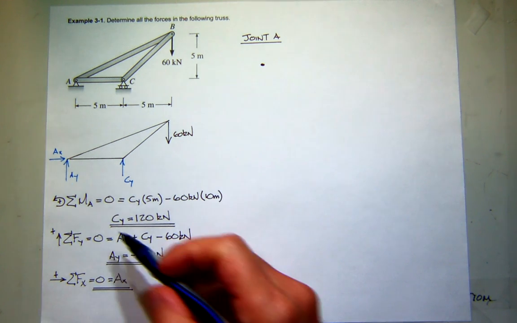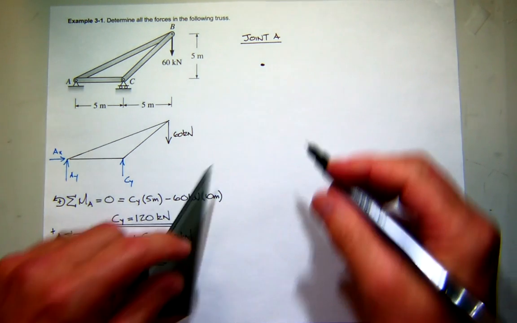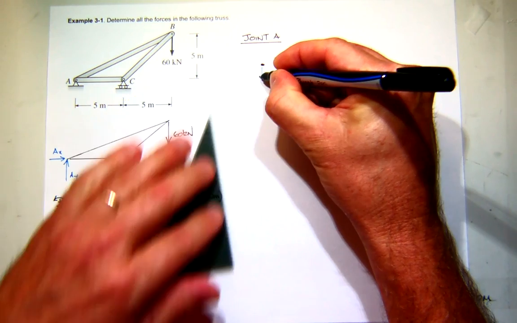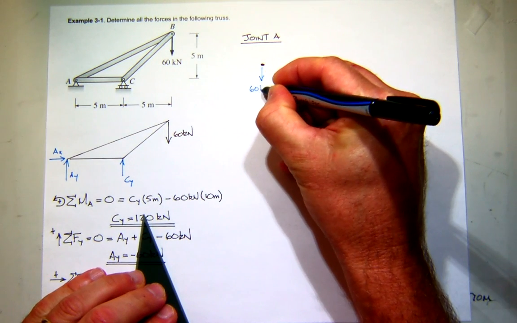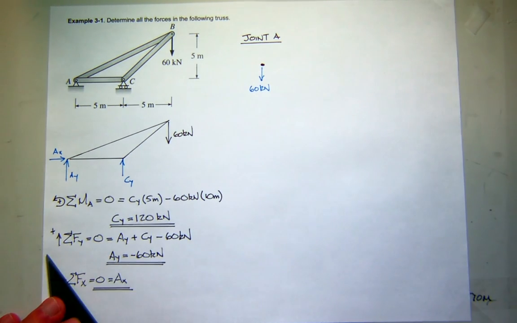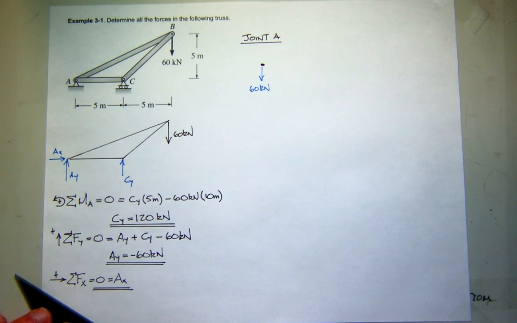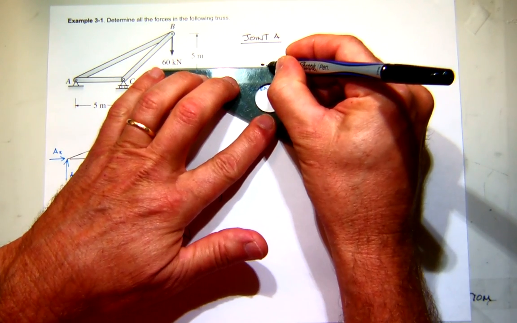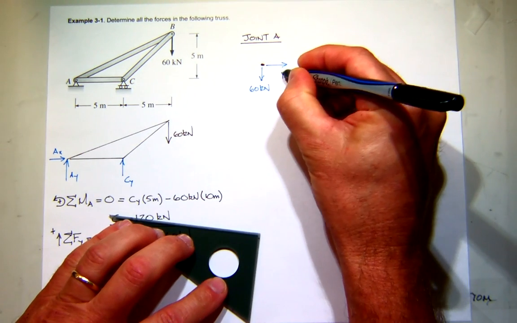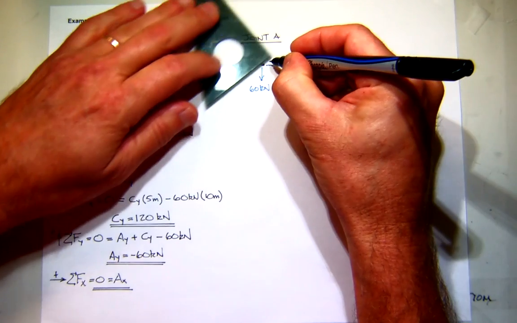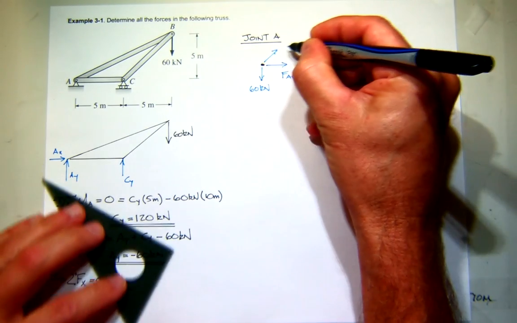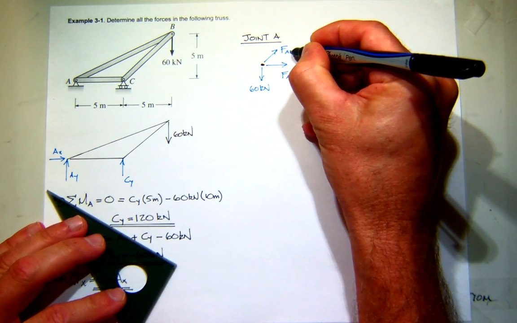Now what acts on the point? Well, I got my reactions at A. AY was down 60, right? AX is 0. Now I'm going to assume tension in force AC and tension in force AB.